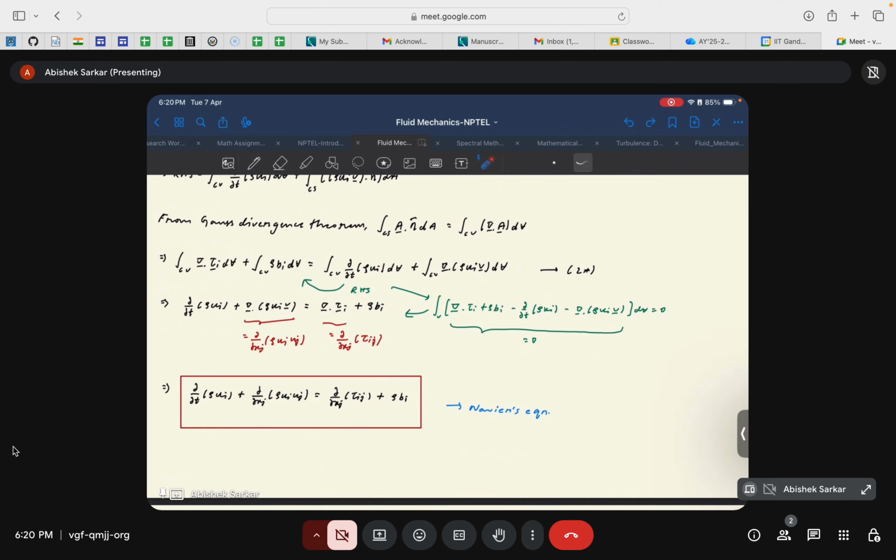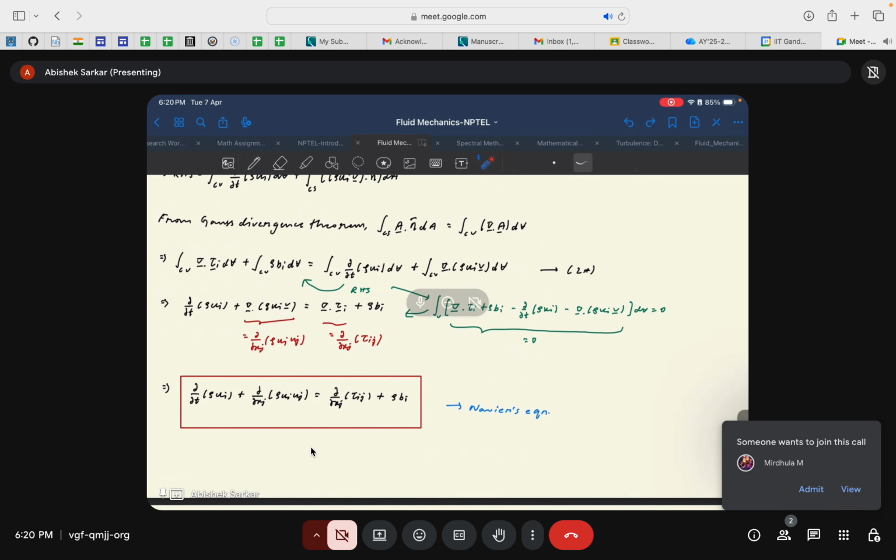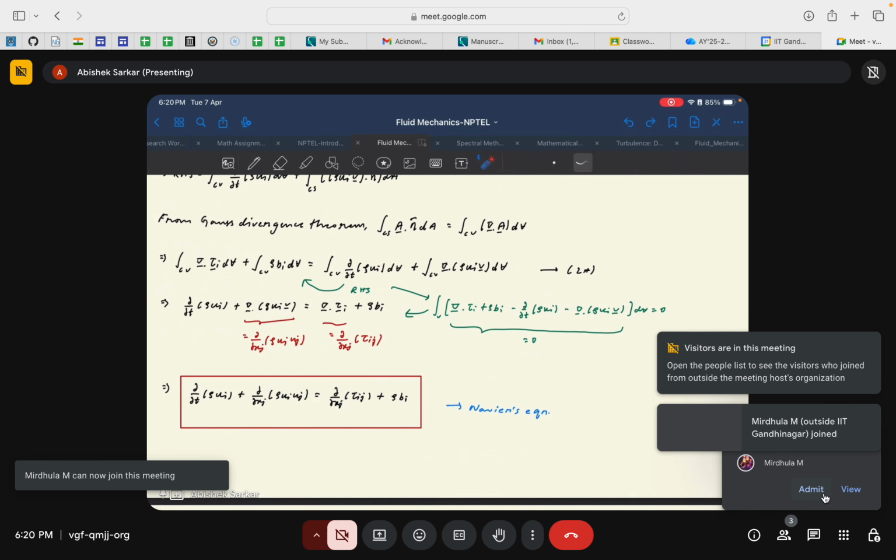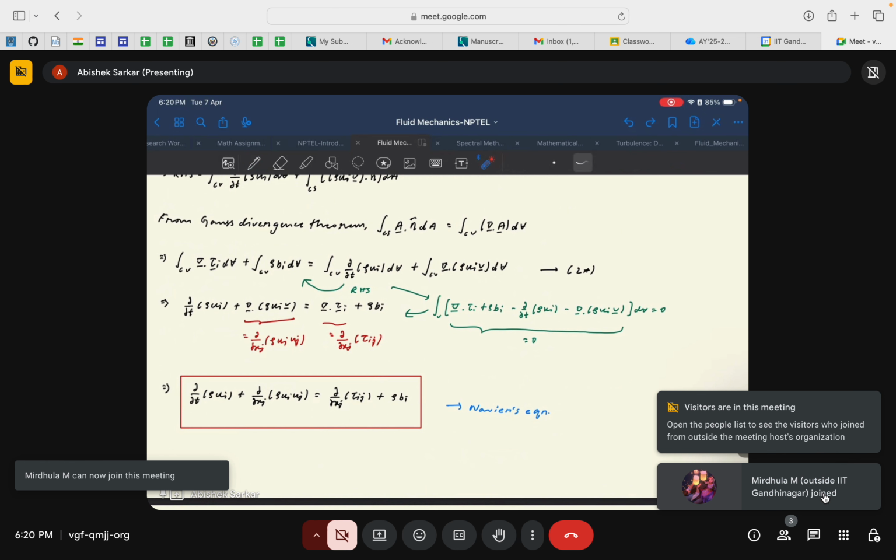But there are some very critical fluids which do not fall under the umbrella of Newtonian fluids. A very important example is human blood. As we discussed previously, human blood is not a Newtonian fluid.